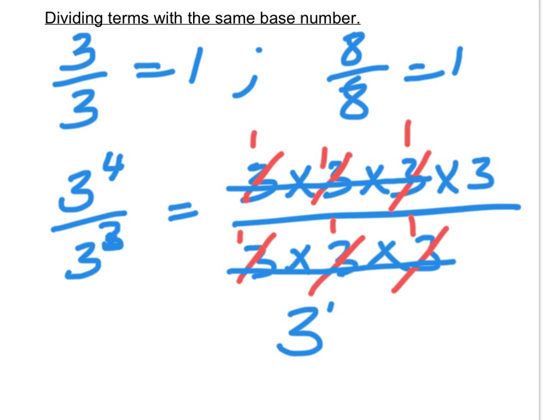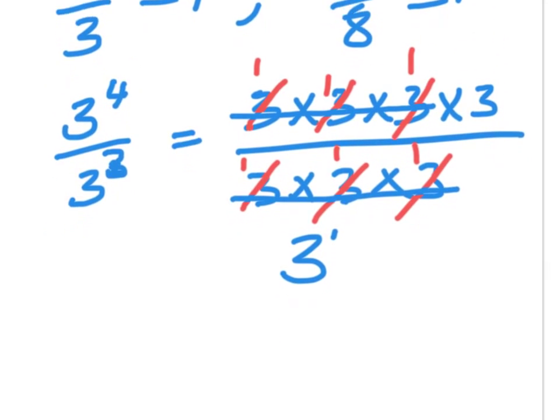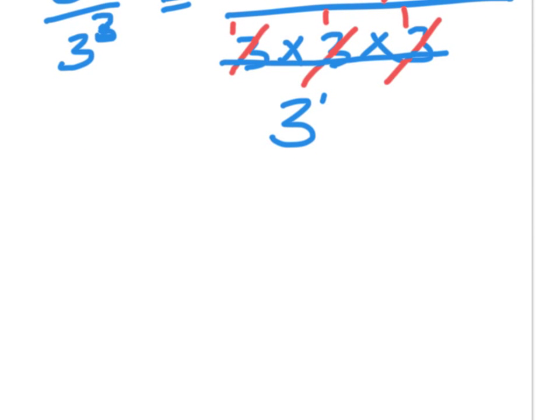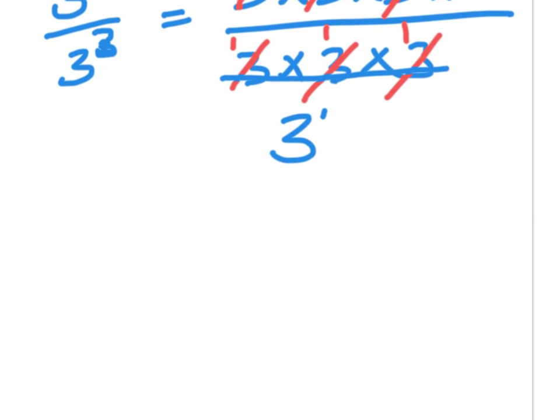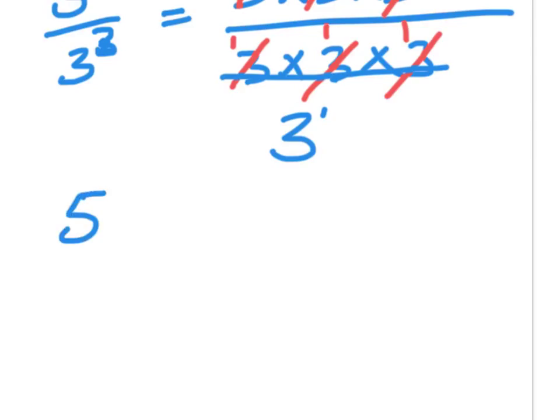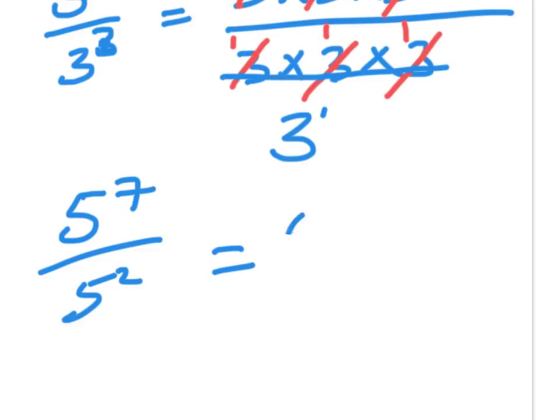So what happens is, when you divide with the same base number, you subtract the exponents. We'll go through some of this in class, but if you have 5 to the power of 7 over 5 to the power of 2, that means you're going to have 5 times 5 times 5 times 5 times 5, 7 times on the top, and you're going to have 5 times 5 on the bottom. So the two 5s in the bottom will cancel 1 five each from the top, and it will leave you with 5 to the power of 5.